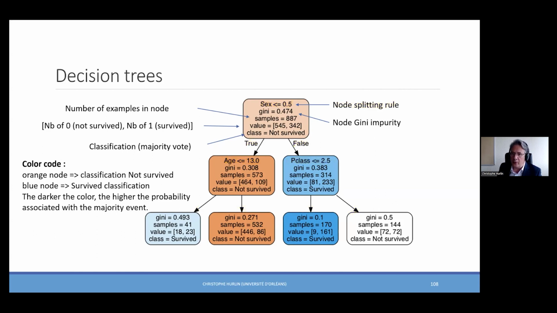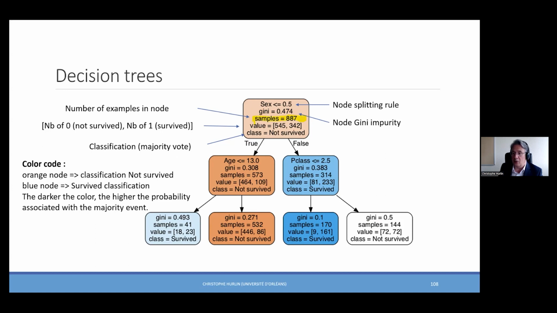Then, for each node, whether it is a decision node or a terminal node, we have the Gini index. We have the Gini index here. We have the Gini index here. It's clear? For each node, whether it is a decision node or a terminal node, we have the number of examples in the node.